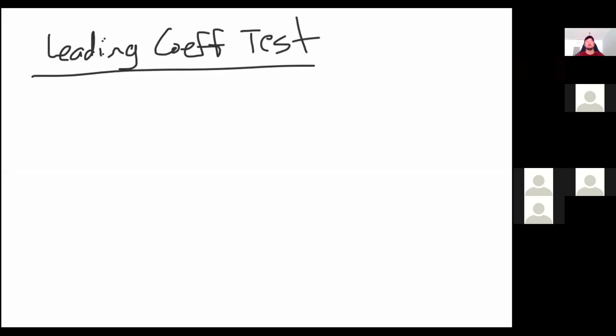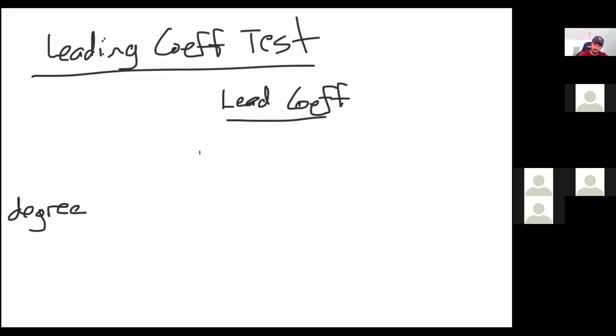Test really just gives us 4 different scenarios. We have to mix and match. First one is based off of that leading coefficient. The other one is based off of the degree of the polynomial.